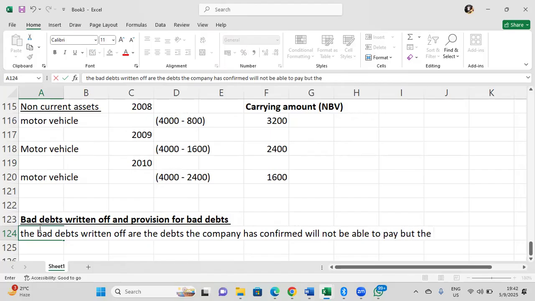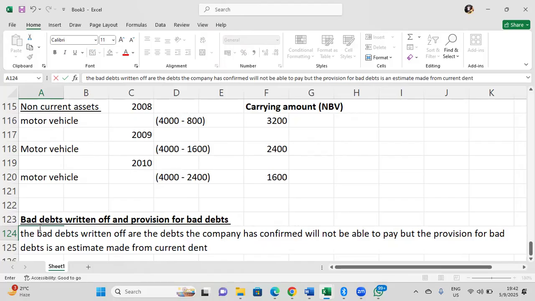But the provision for bad debts is an estimate made from the current data. So from those we expect to pay, we always create an estimate of those who will fail to pay. Where we are sure these will pay, those are debtors.